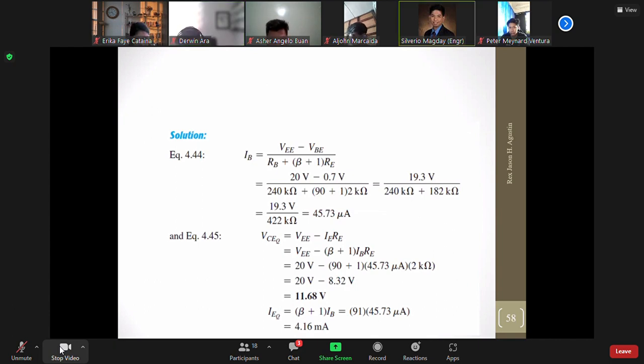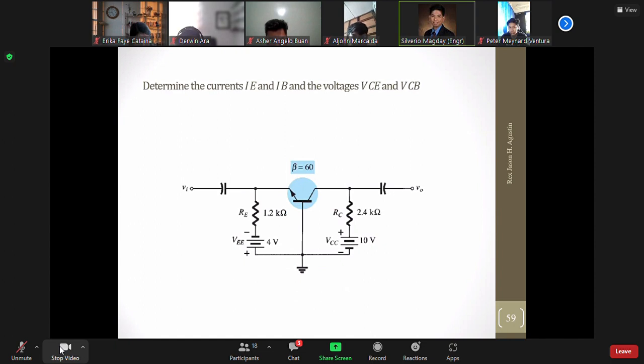So, yan yun. How about kapag ganito, determine the currents IE and IB and the voltages VCE and VBE. Ito naman, common base configuration dito. Common base configuration. Kumbaga, paiba-iba lang mga orientation. Same pa rin naman yung KVL, KCL lang talaga ginagawa.